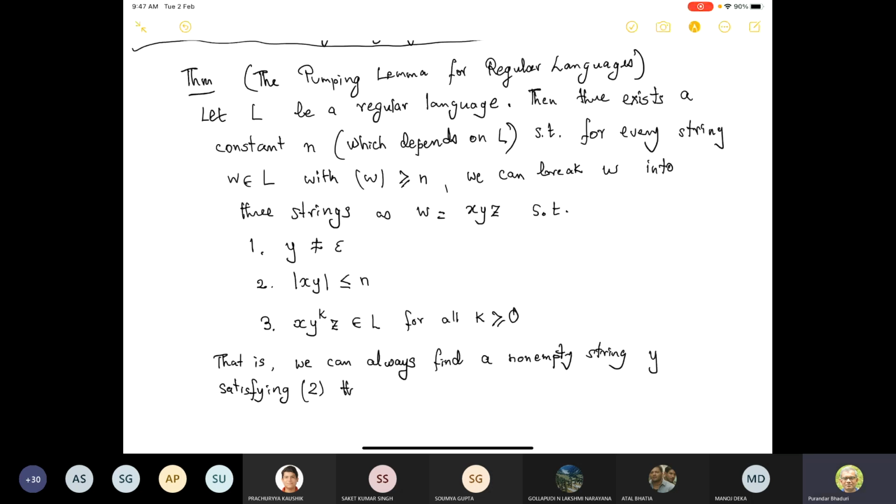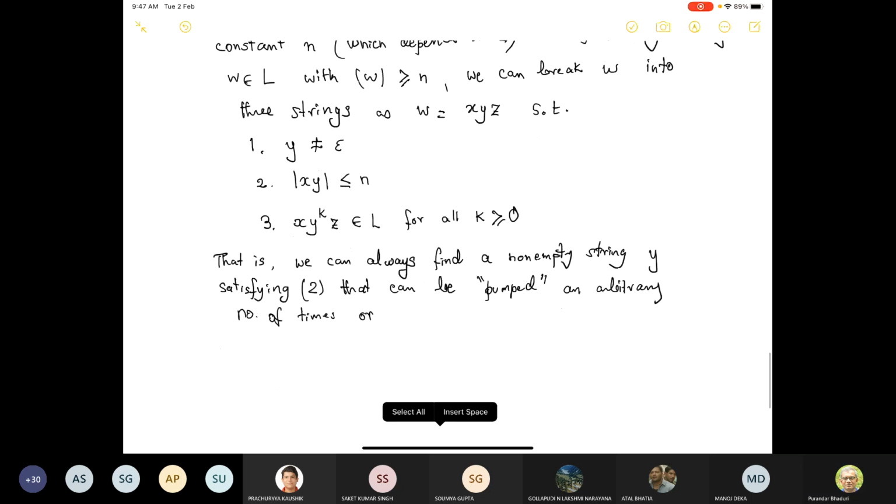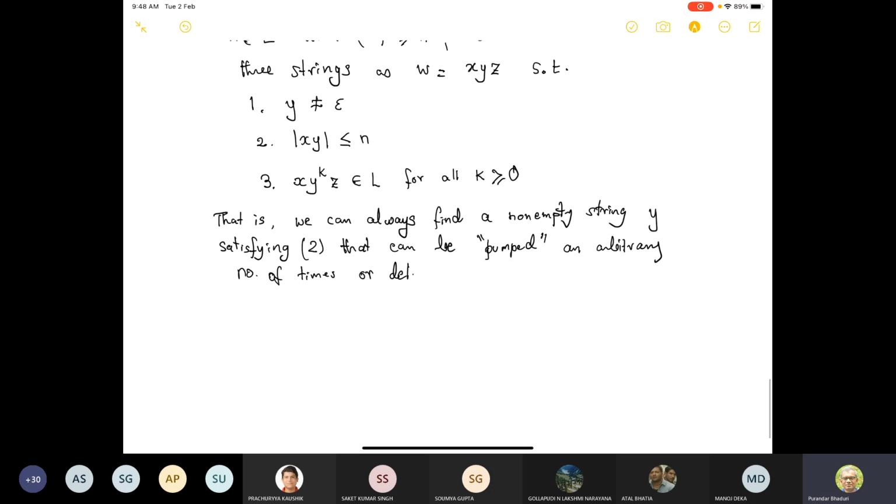That can be pumped an arbitrary number of times, or deleted when k equals 0. And the resulting string is again in L.